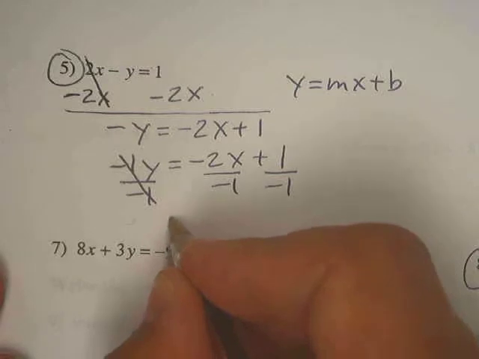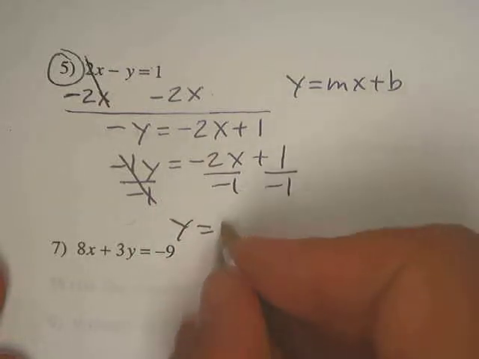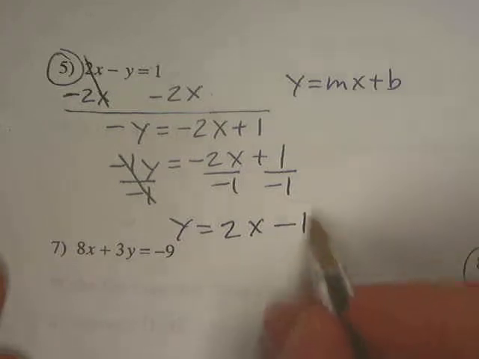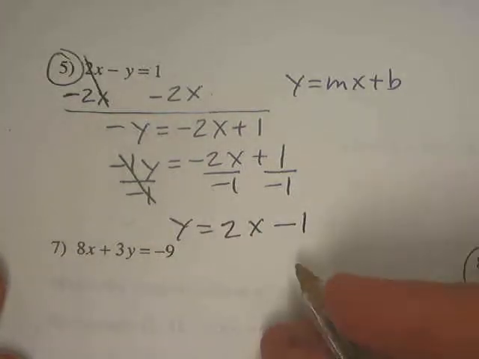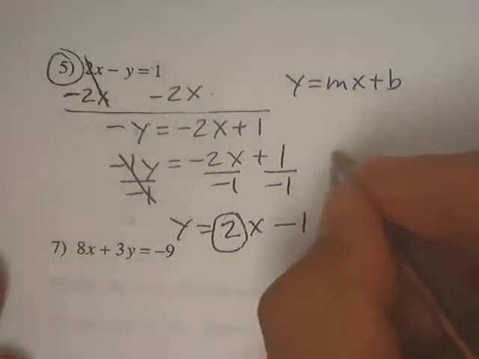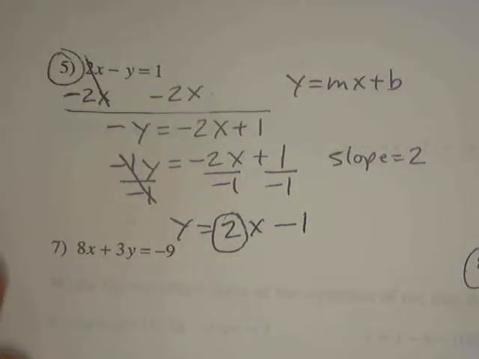So if I divide all these by negative 1, the negative 1's cancel out, and I'm left with y is equal to negative 2 divided by negative 1, which is 2x. Then 1 divided by negative 1 is minus 1. So now it's in the form y equals mx plus b. And you could see the slope is going to be, you guessed it, 2. Slope equals 2.